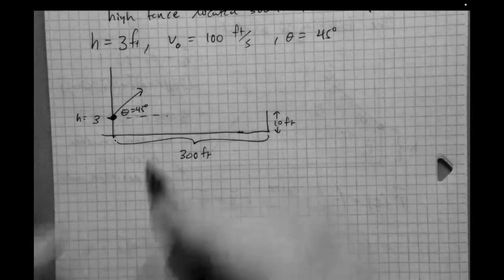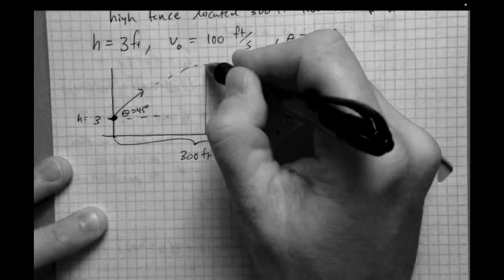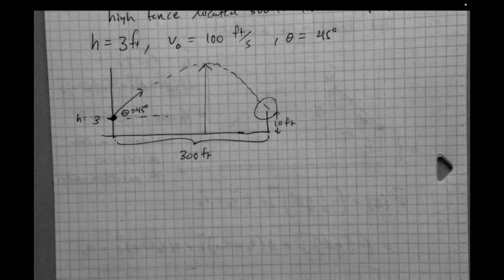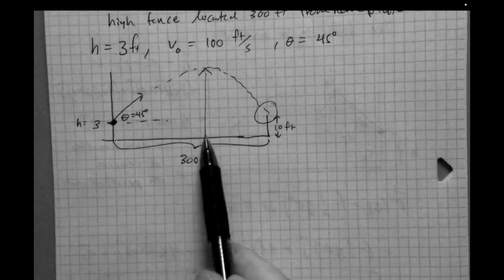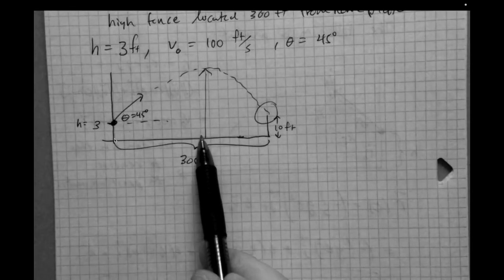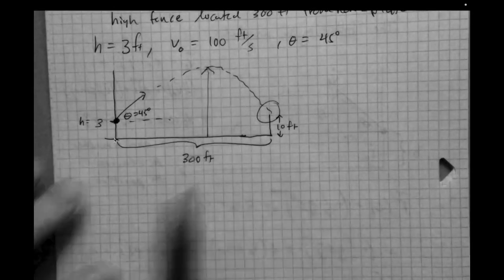Now, two things we're interested in: first, what's the max height here? And second, what happens out here? Can it clear this after 300 feet? Basically, we'll figure out one one way and the other another way. We'll start with identifying the maximum height.